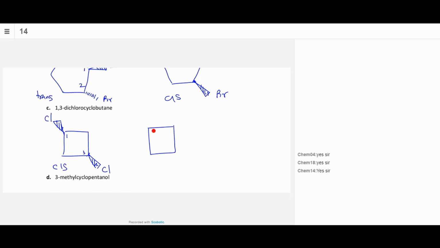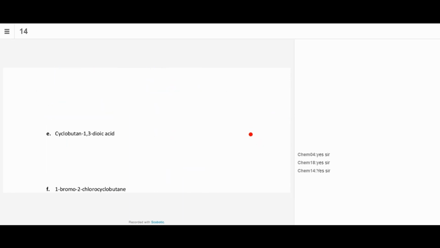And one is coming out, the other one goes in, that is trans. Try the other three, please.